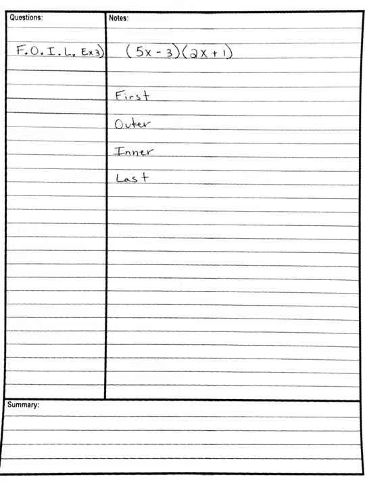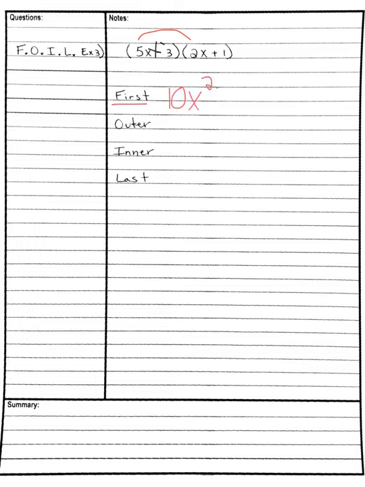again, let's make sure we change all of our subtraction to add a negative. And the first for FOIL means you want to multiply the first terms of both parentheses. So 5x and 2x is going to be 10x squared because we're multiplying.